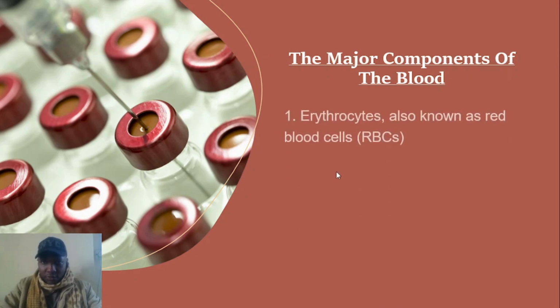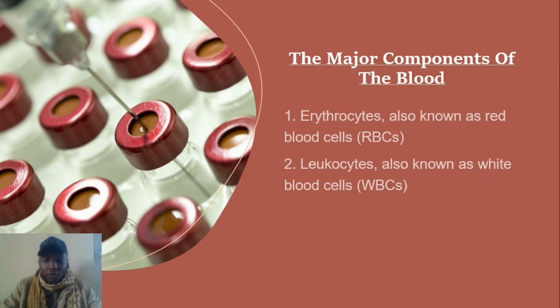The first is the erythrocytes, also known as the red blood cells, the RBCs. Then we have the leukocytes, also known as the white blood cells, WBCs. And we also have the platelets, also known as the thrombocytes.